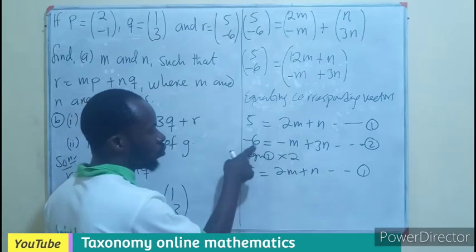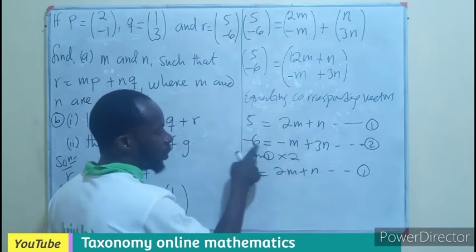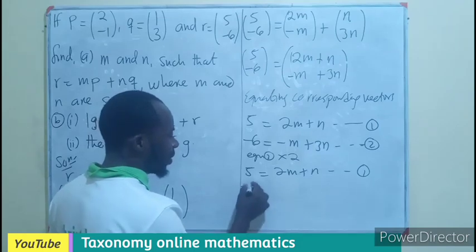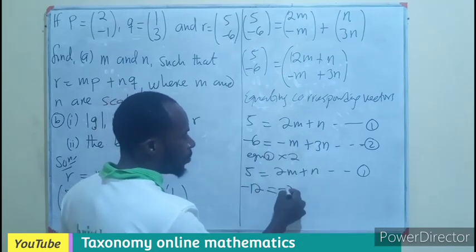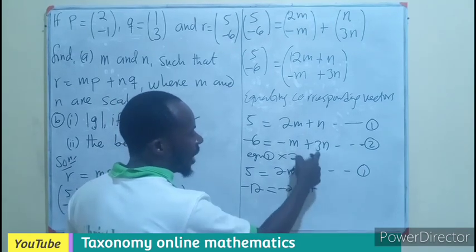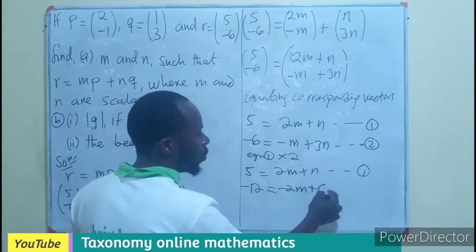For equation 2, 2 multiplies every term: 2 times minus 6 is minus 12, 2 times minus M is minus 2M, and 2 times 3N is 6N.